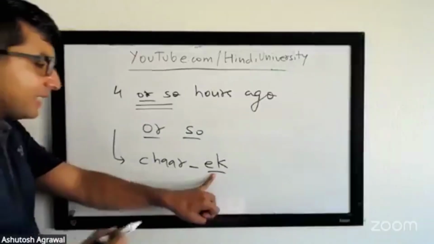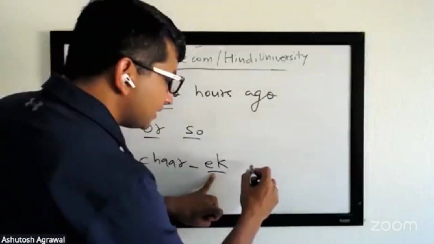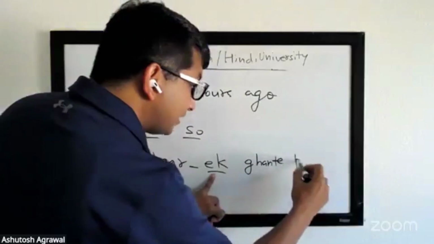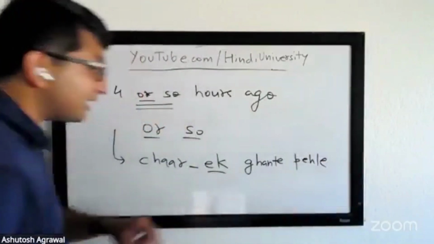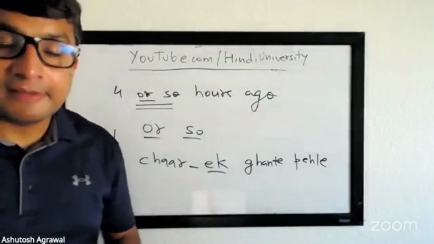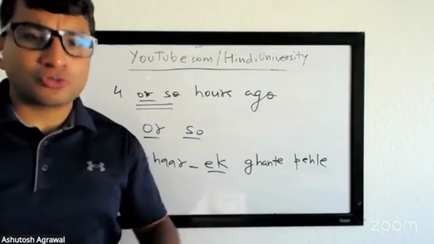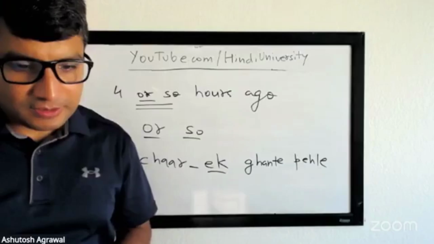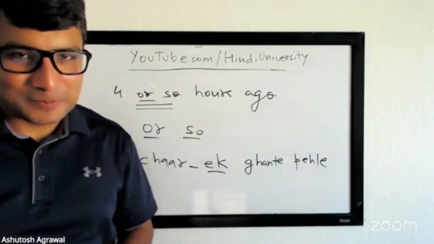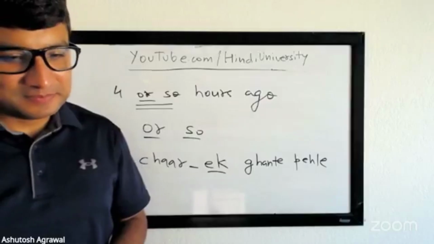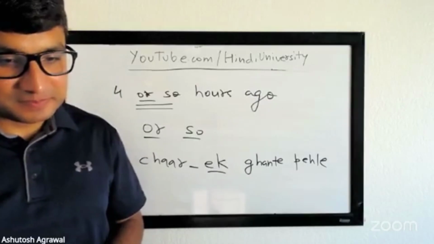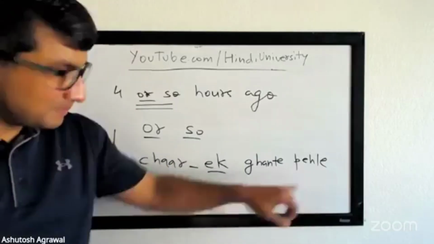What would that be, Michael ji? चार एक घंटे पहले. Very good. चार घंटे पहले. Okay. So if you want to say the train arrived 4 or so hours ago, how will you say that? Let's see. Train चार एक घंटे पहले.